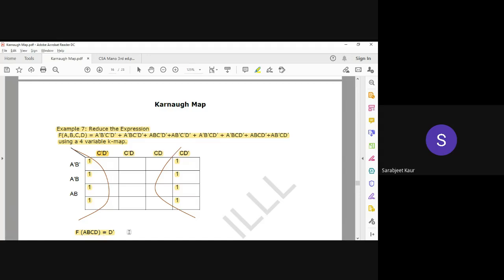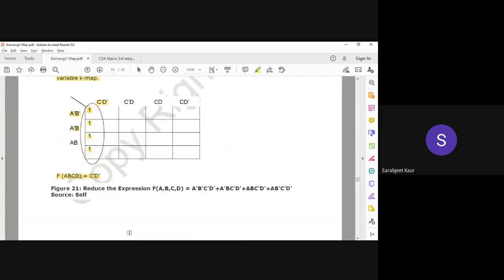This is how we reduce an octet. Now there is another thing that I'd like to point out here. In a four variable Karnaugh map, whenever we were making a group of four ones, the resultant expression was a two literal expression. That means two literals got cancelled when we were grouping four ones.